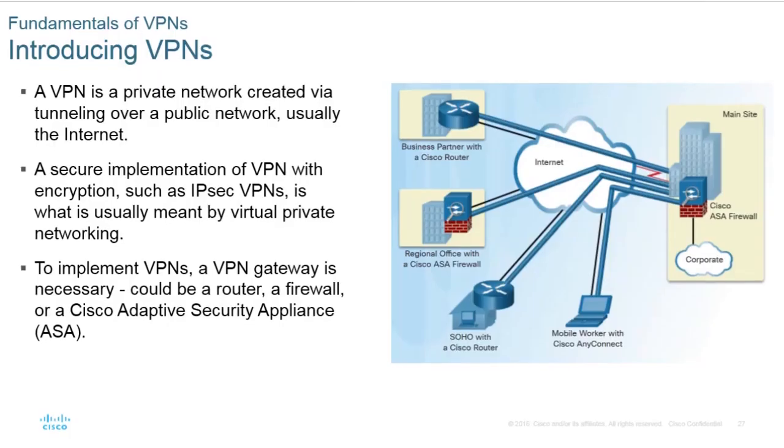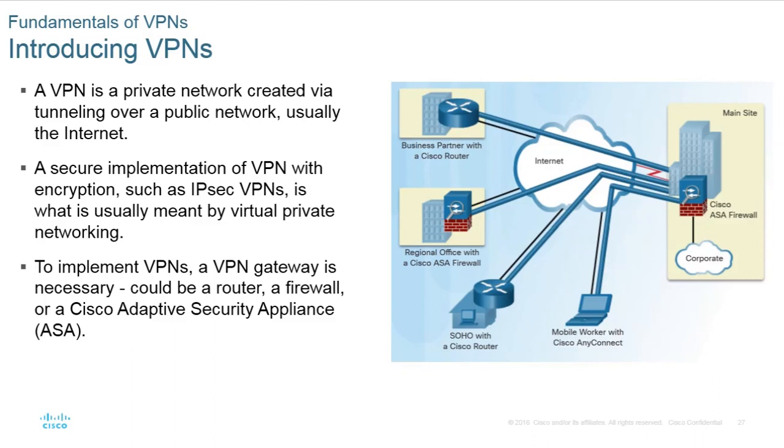So many companies use this kind of internet connection for security and privacy purposes. So that's why VPN is a private network created via tunneling. So that is the logical connection over a public network, which is usually the internet itself.